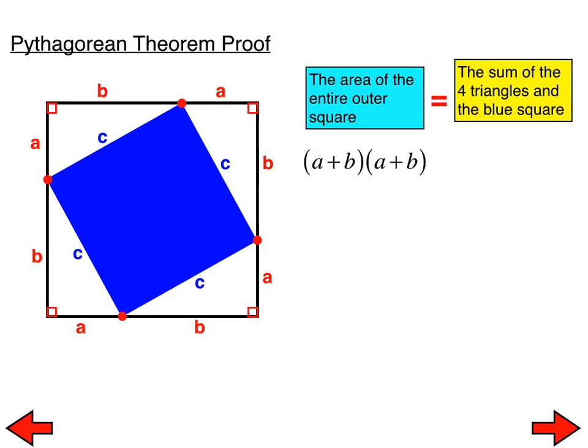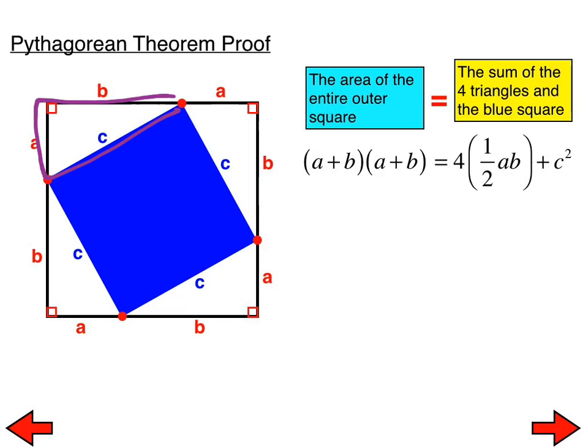So if I could prove that the outer square area was equal to the area of all the pieces that make it up, and I think you can clearly see there are 4 right triangles there and 1 blue square on the inside. And so that would be 4 of the triangles, and to find the area of a triangle, it's 1/2 the base times the height. And all I'm doing here is 4 of these right here.